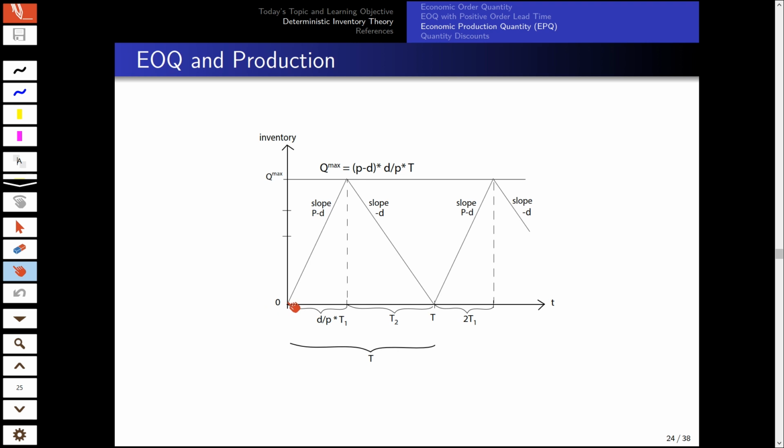If we look at our graphic again, then we assume once again that in the beginning and in the ending of the cycle we have zero inventory holding.